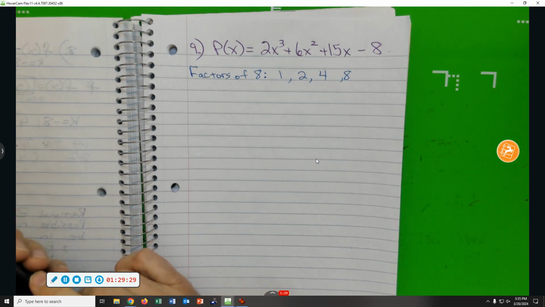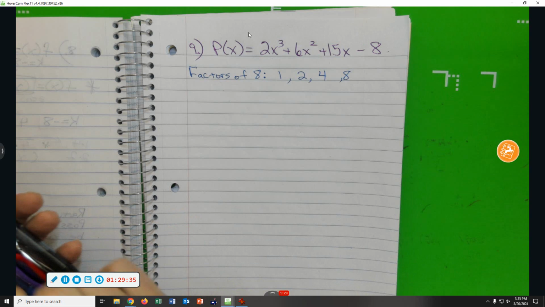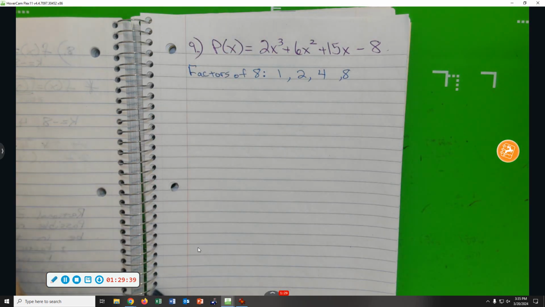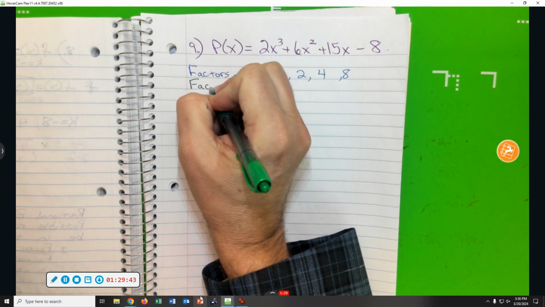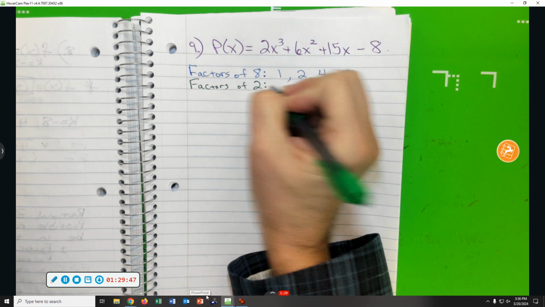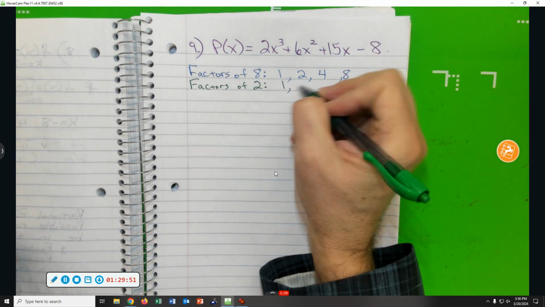What's the leading coefficient? 2. So we need the factors of 2. Nice, there's not a lot of factors of 2. They are 1 and 2.